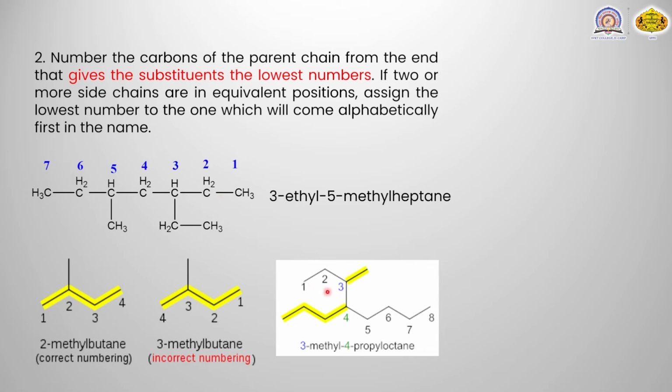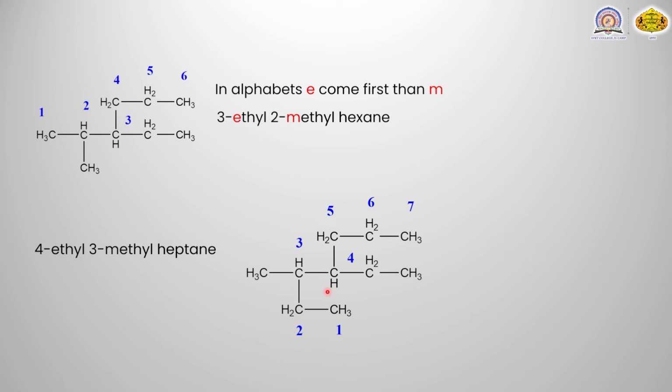Similarly in this case, as we discussed before, in the alphabet E comes first, then M. So it is 3-ethyl-2-methylhexane. This is marked in red. So 1 2 3 4 5 6, this is the longest chain.